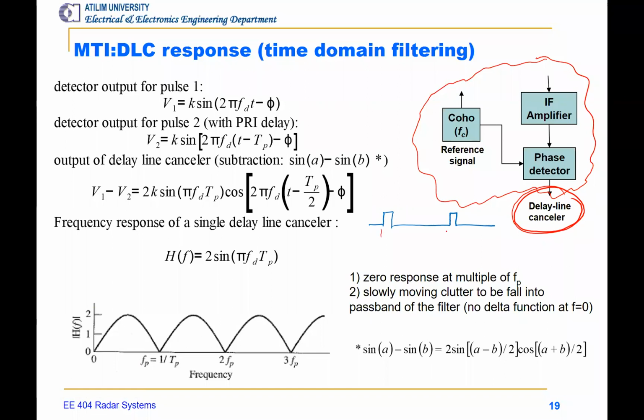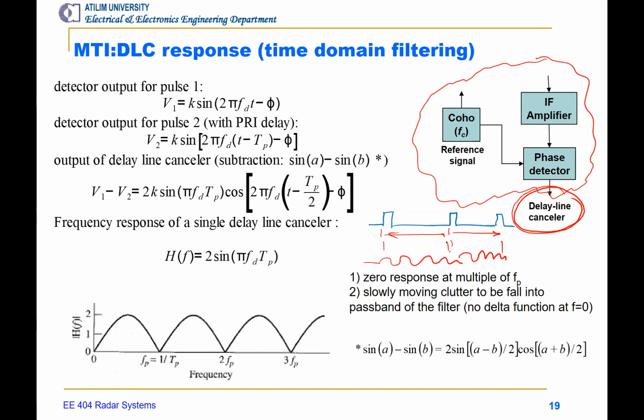So what I do here, I take the signal, this part, let's say this is the echo from this part, and then the echo for the next pulse until here, right? So another echo coming from this second PRI, okay?